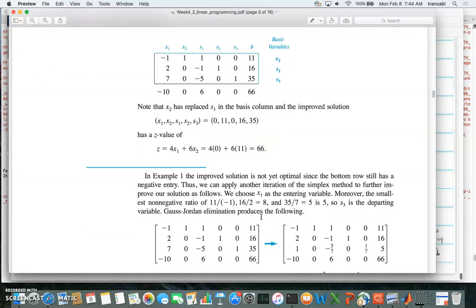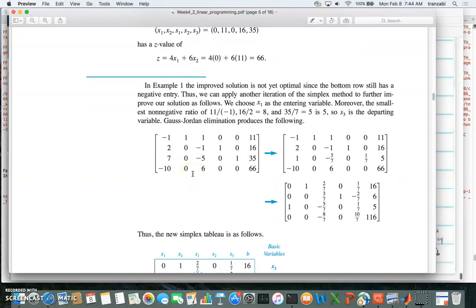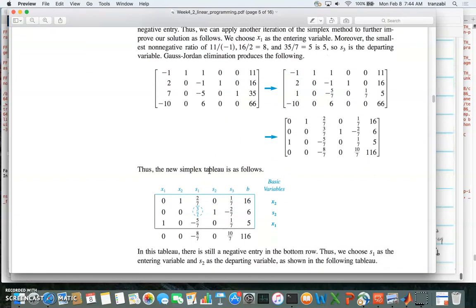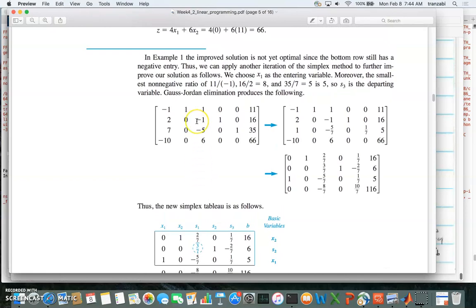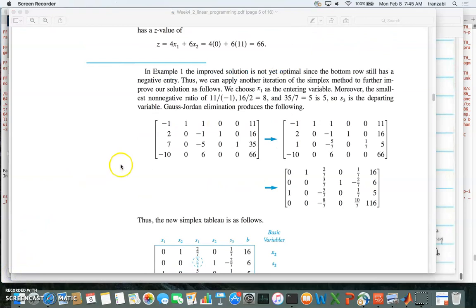All right, so the next step is to pick this column and make one of the rows a pivot.